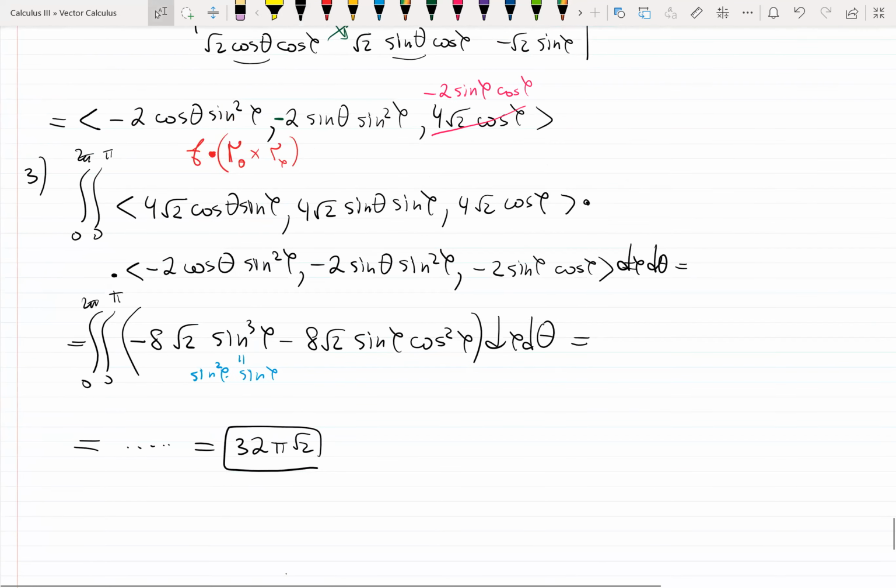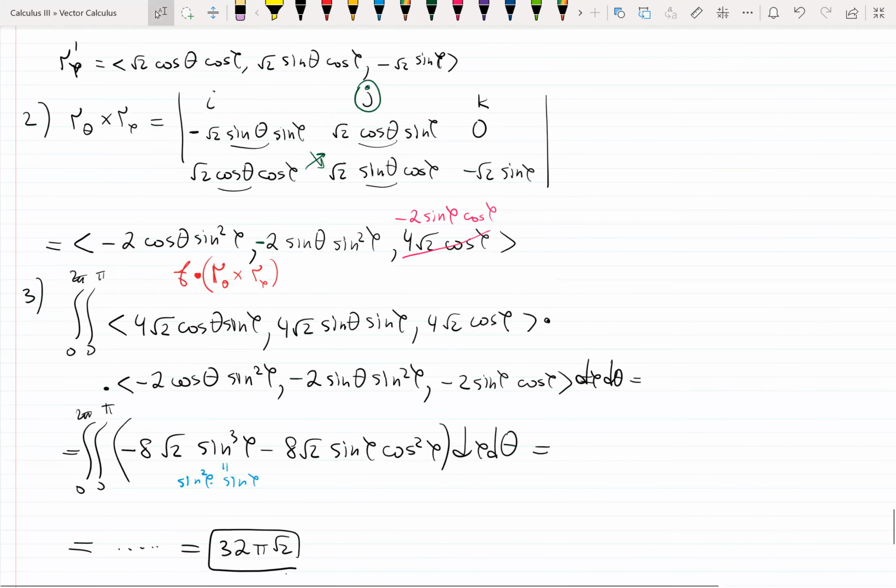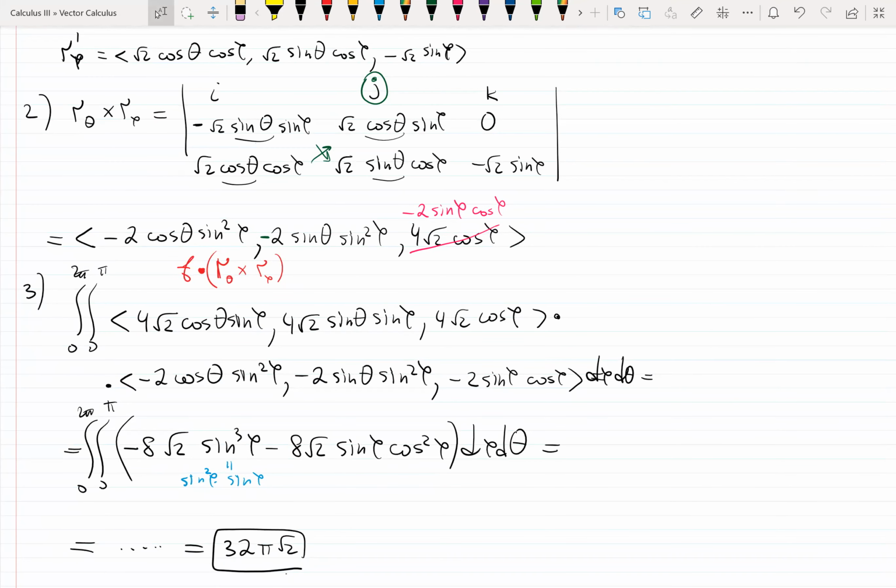Good. That was flux. Flux represents how much stuff is coming in and how much stuff is coming out. So now we know that direction matters, that the vector field cannot just go through. It goes in and out, like a heart pumping the blood in and out.